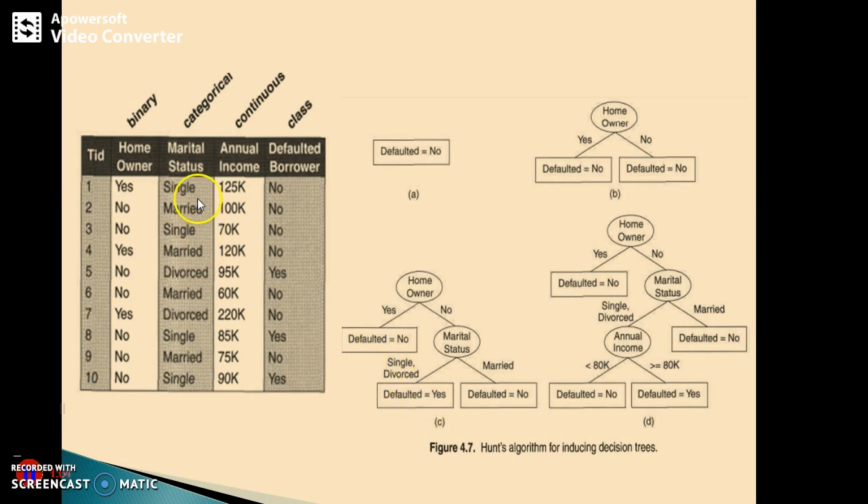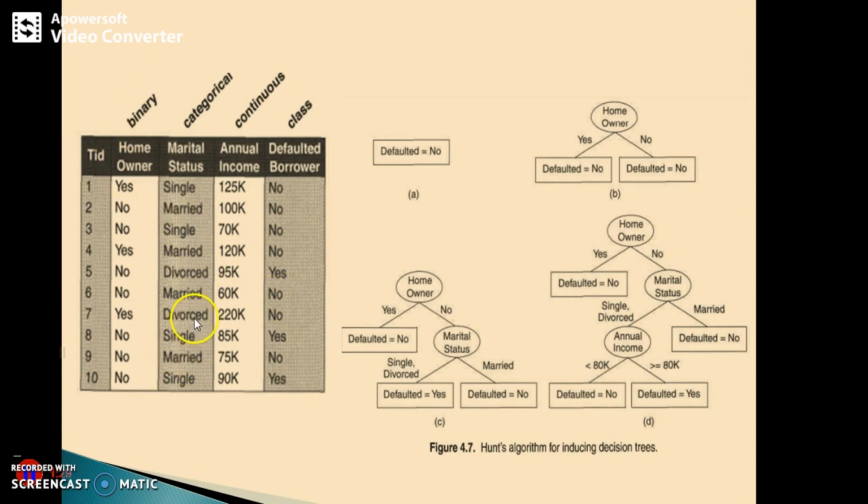You just see here, count the number of records. Single has equal count for both no class as well as yes class. What about divorced? Divorced here has one yes and one no. So total how many records for yes? 3 records for yes, and that is inclusive of single and divorced.